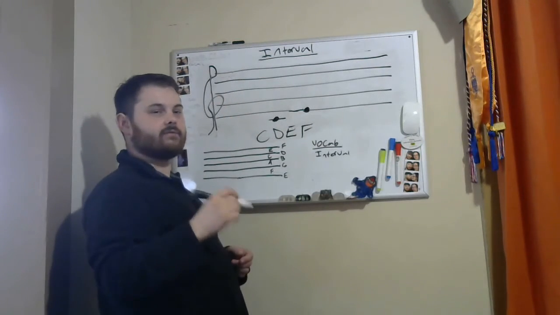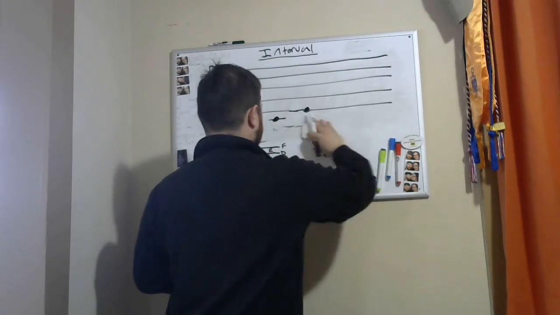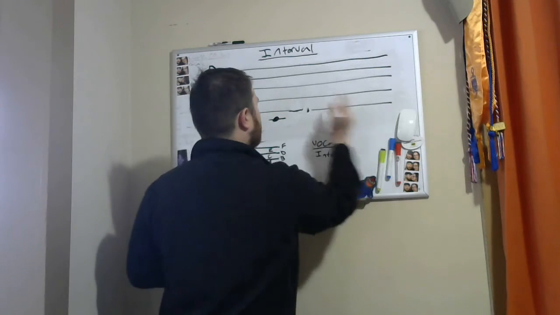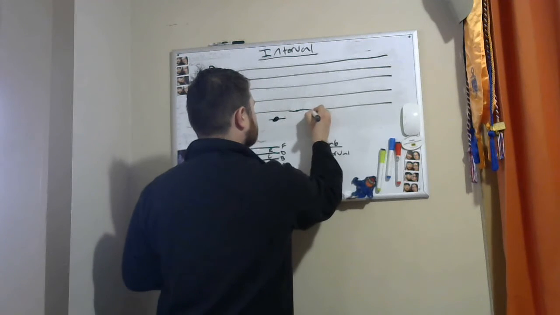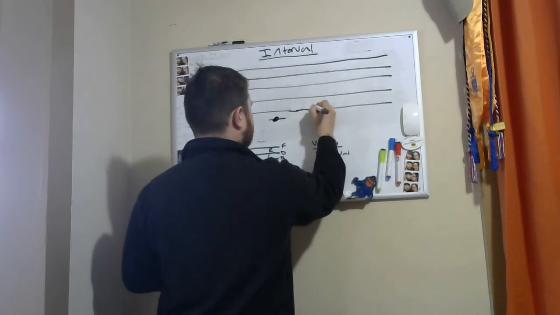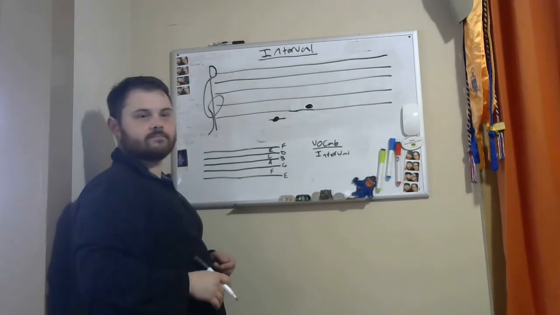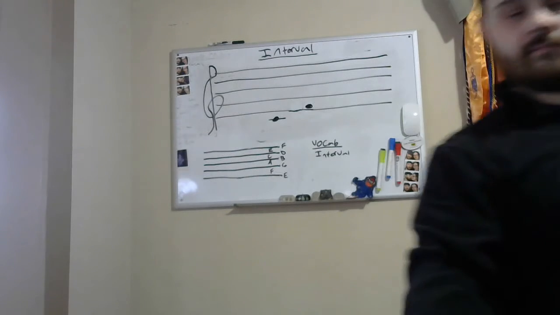C, D, E, F. So C to F is a fourth. Remember, there was no black key in the middle of E and F. C, D, E, F. And it looks like that. C to F is a fourth.